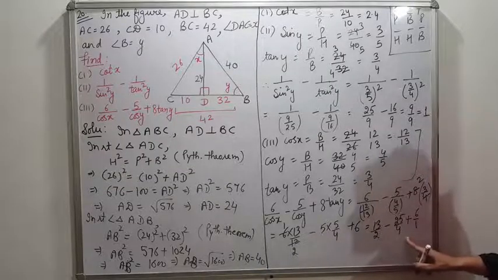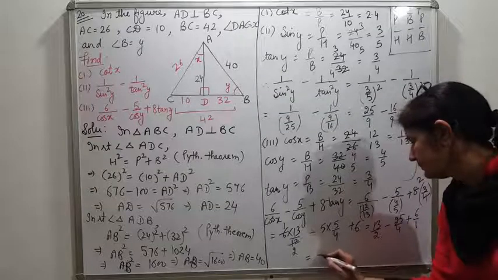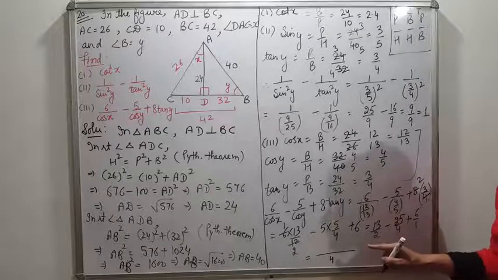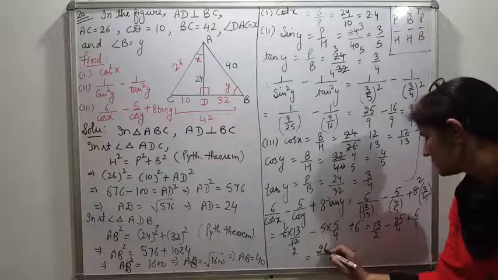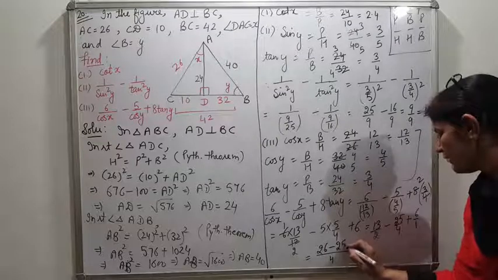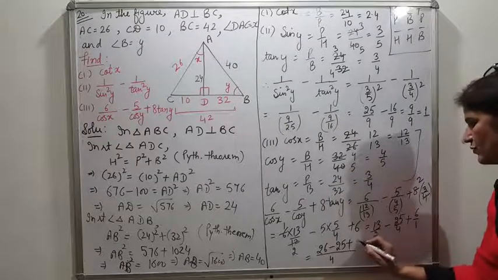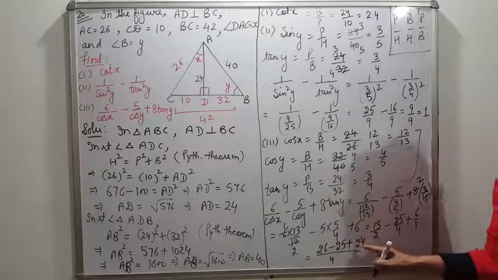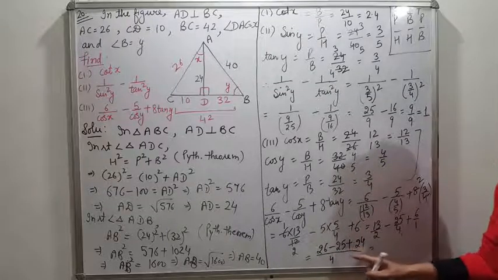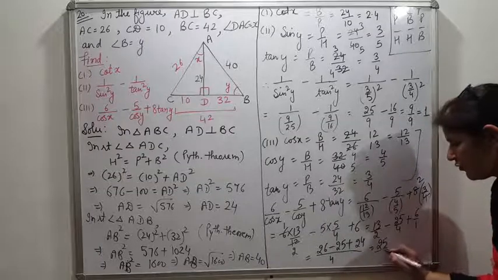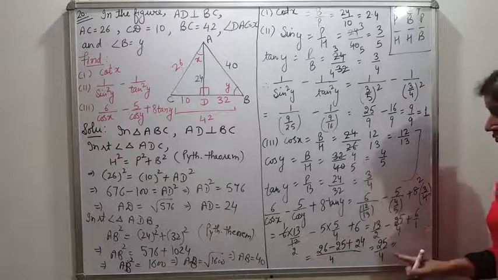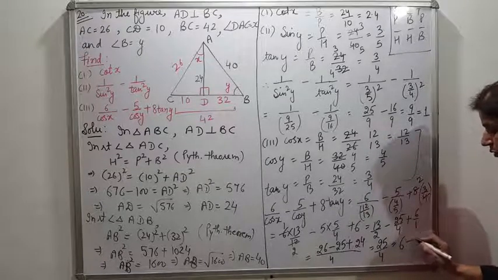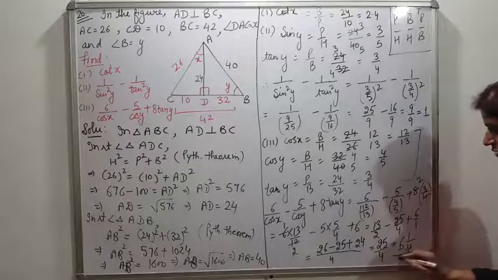What is the LCM? 4. 2 2s are 4. Then 13 will multiply with 2, 26 minus 25. Here plus 6 4s are 24. So 26 plus 24 is 50. 50 minus 25 is 25. 25 over 4. What do we have to do? We have to change it into a mixed fraction. 4 6s are 24. 6 and 1 upon 4. So this is your answer.